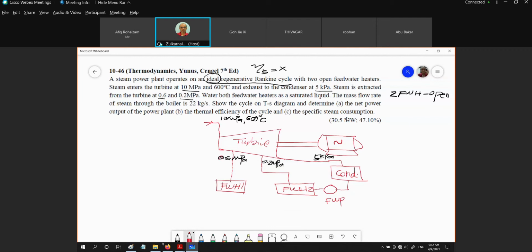Then we are going to mix it with the feed water heater right here. So this is 0.2, this is 0.6. Meaning that we need to increase the pressure to 0.6. So we need another pump right here. So this is a feed water pump again. You want to increase from 0.2 to 0.6.